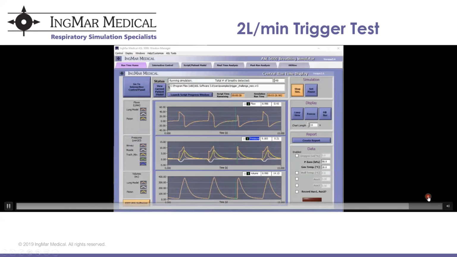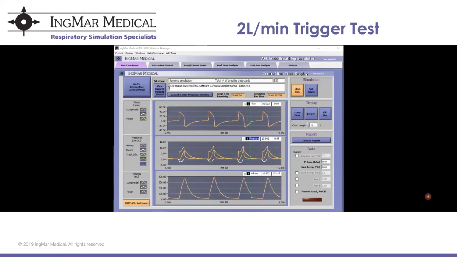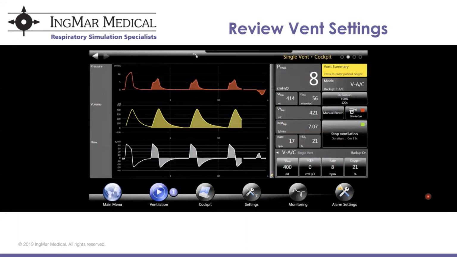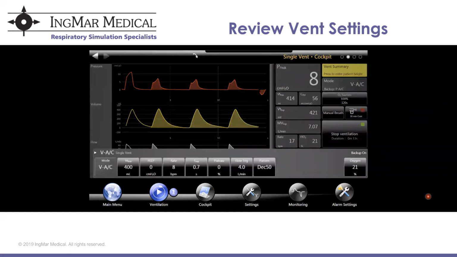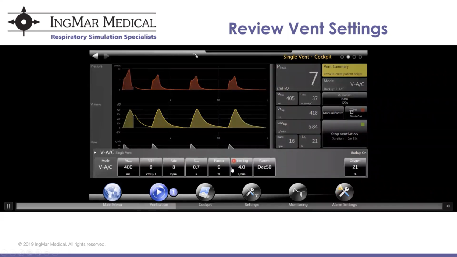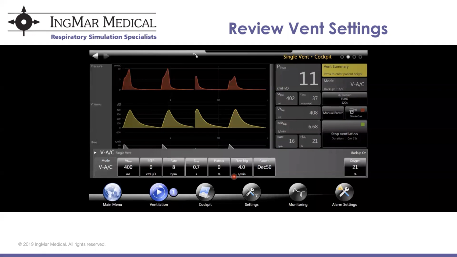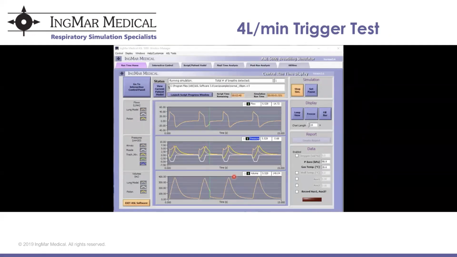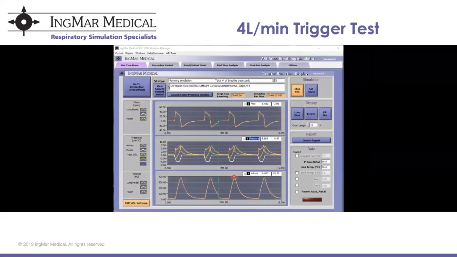So in this case, we had these settings, and now we are going with 4 liters per minute of trigger sensitivity. Everything else stays the same on the ventilator settings. The script is exactly the same. And now we can just see how that responds.